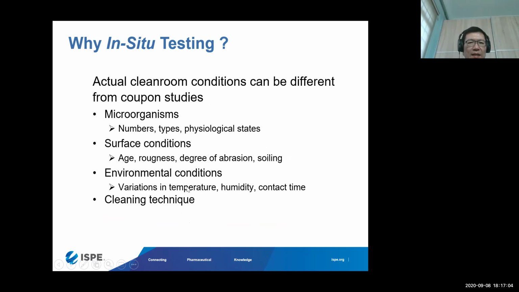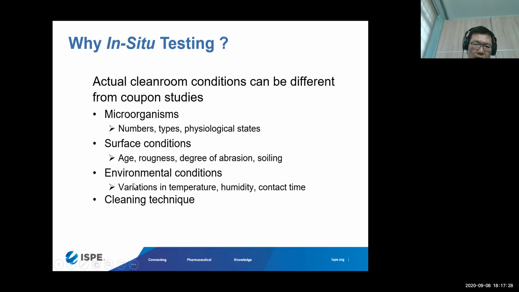Typically for in-situ testing, why do we need to do that? Because the actual clean room conditions can be different from coupon studies. The microorganisms' numbers, types, and physiological states in the clean room can be different. The surface condition as well: the aging, roughness, degree of abrasion, and soiling.